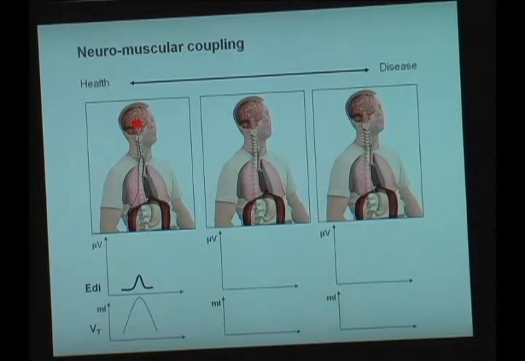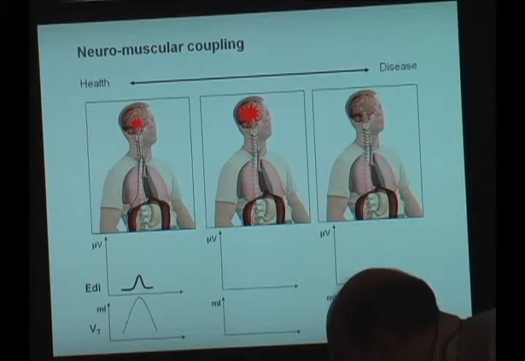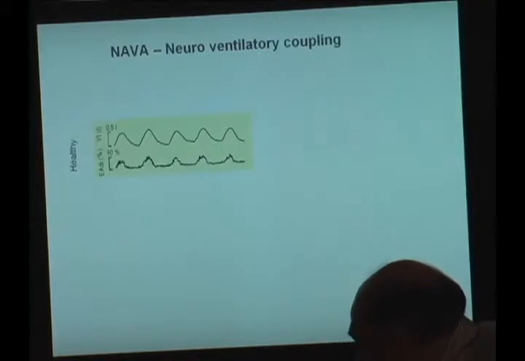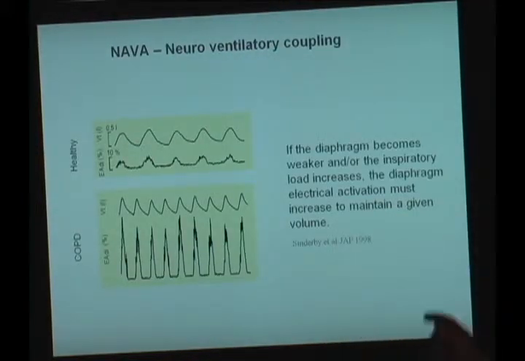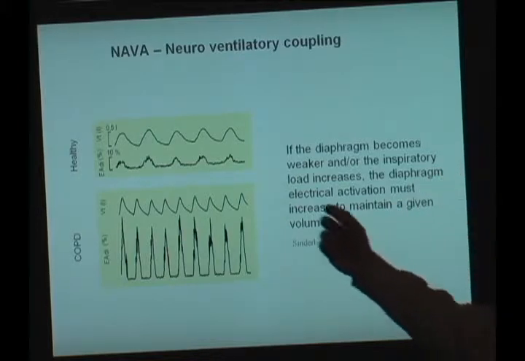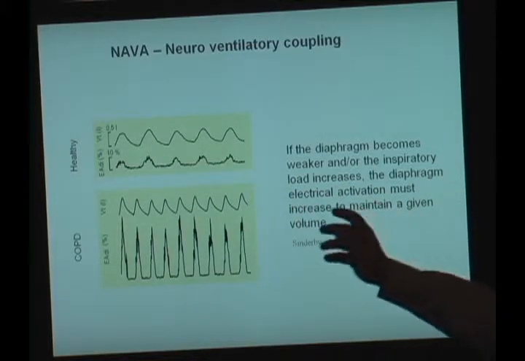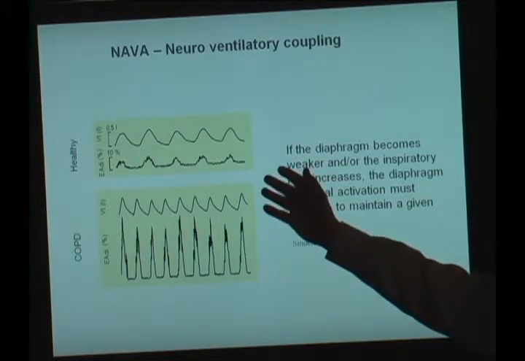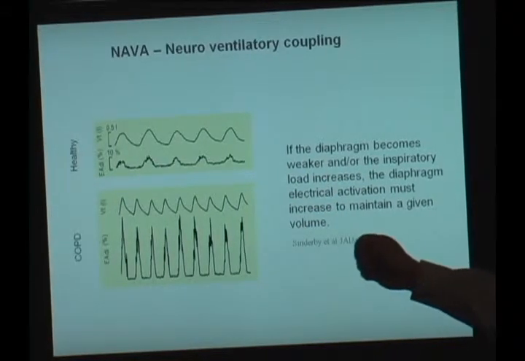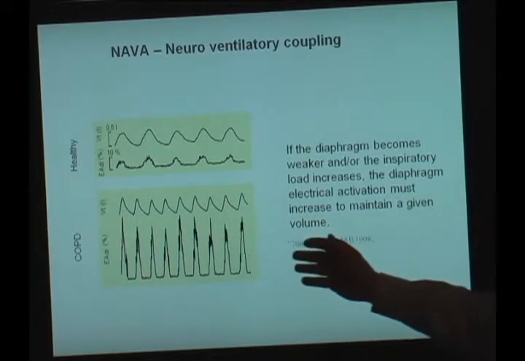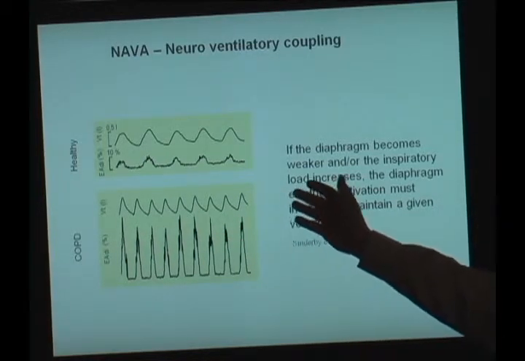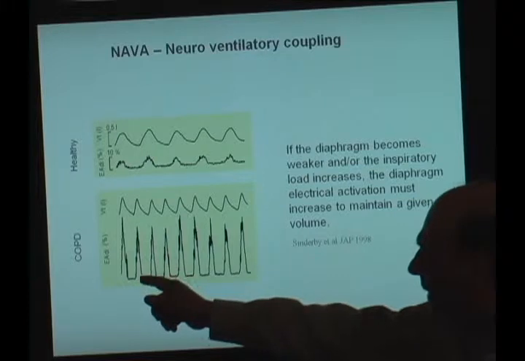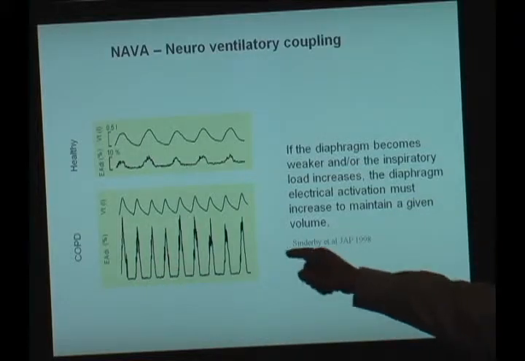During illness, this activation increases, and it's important to know that the diaphragm becomes weak if the respiratory load changes, and that the diaphragm tries to guarantee tidal volume by increasing the electrical activity of its own cells.